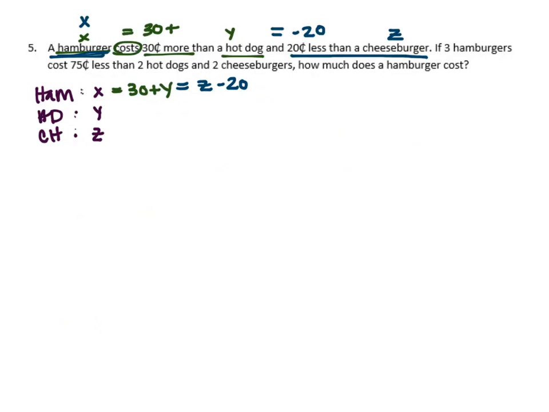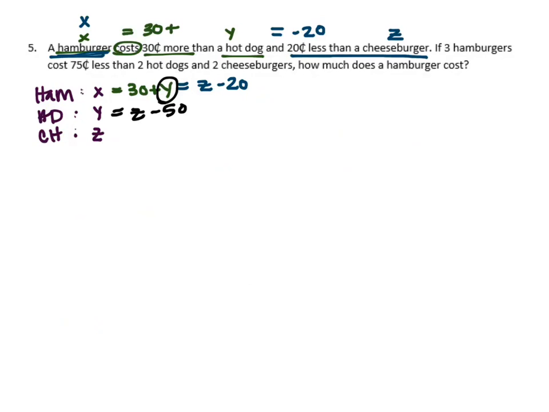But mathematically, I can prove that to you. If I want to solve for Y, I could subtract 30 from both sides, and I would get Y is equal to Z minus 50. So that helps us intuitively check that our mathematics makes sense. So I'm going to write down that y is equal to z minus 50.